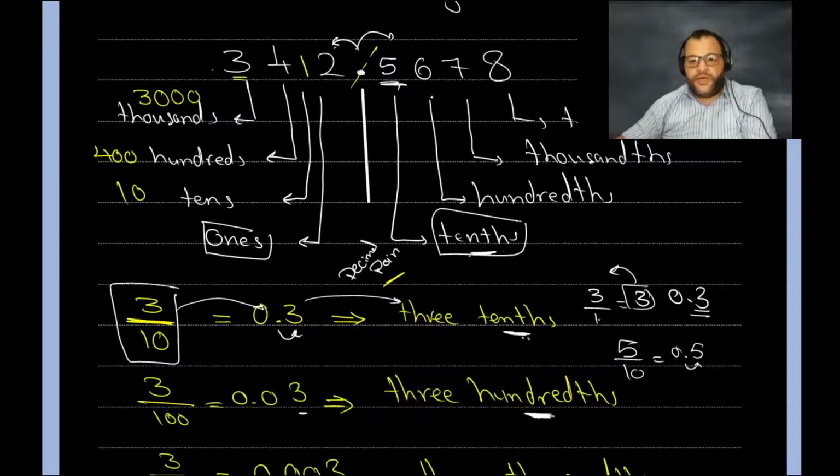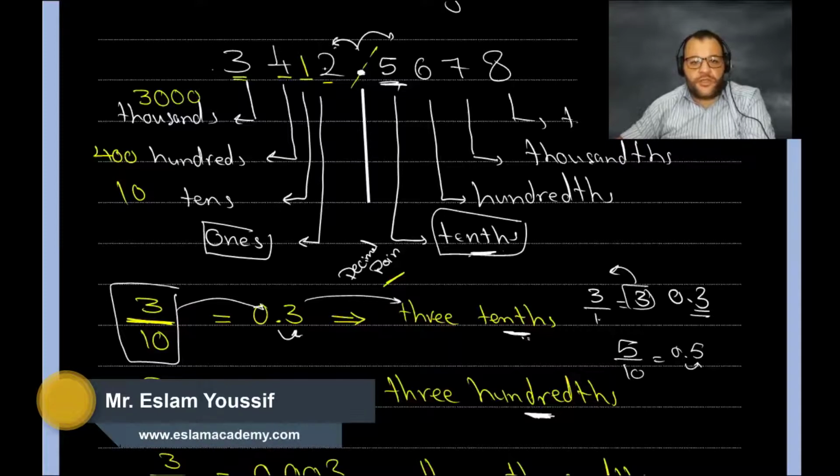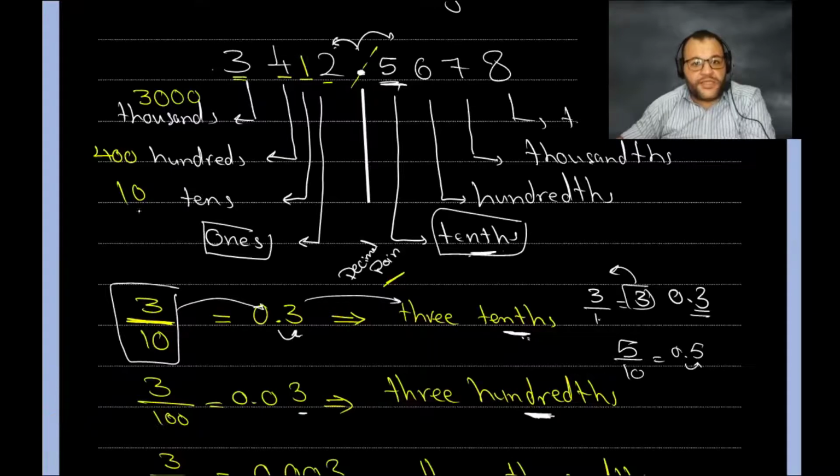When I have 3, I write the zeros at the right of the number. Like I write 3, then there are 3 digits, 1, 2, 3, then I put 3 zeros at the right. For 4, I have 2 digits, so I will say 4 and the 2 zeros, which is 400. For 1, I have only 1 digit at the right, so I will write 0, so it will be 10. For 2, I will write 2 without any change. There is no number at the right, only decimal, so I will not write any zeros.